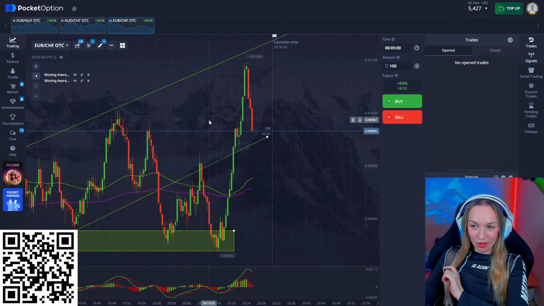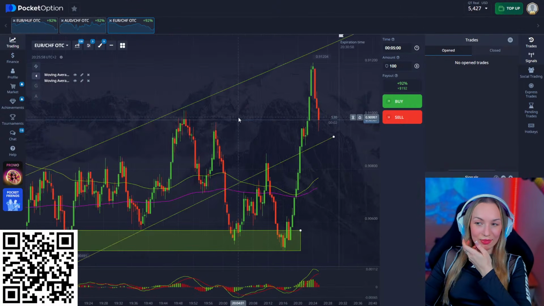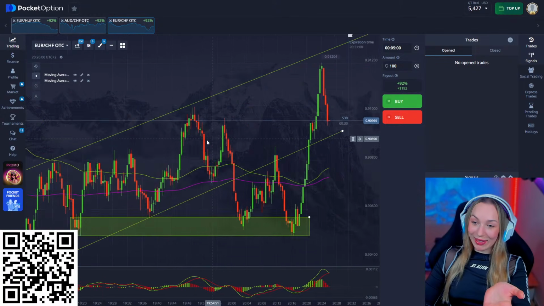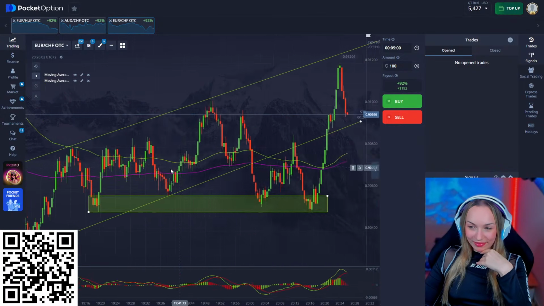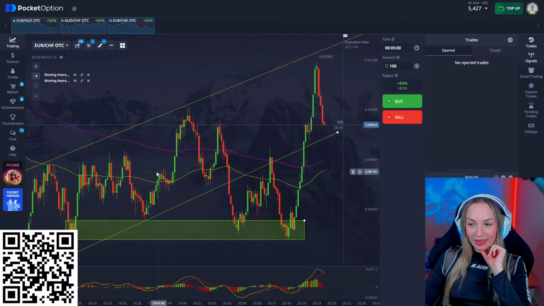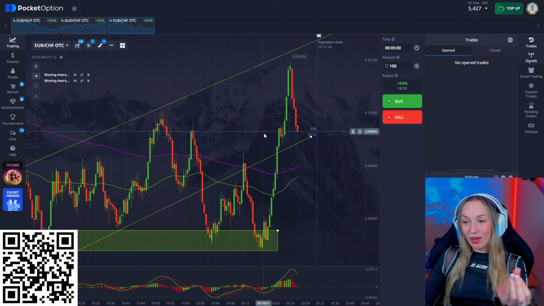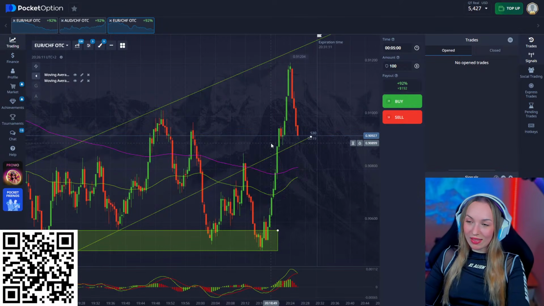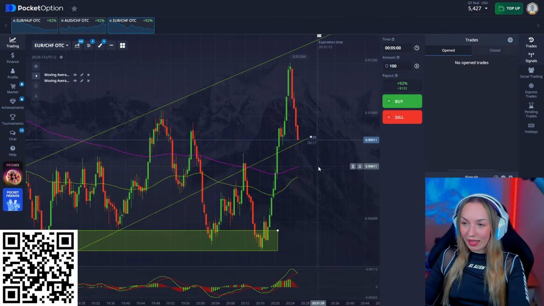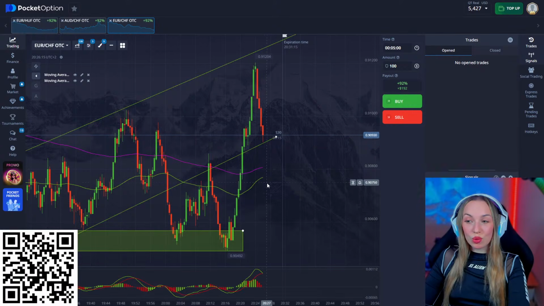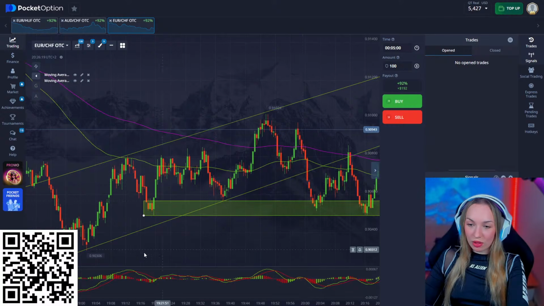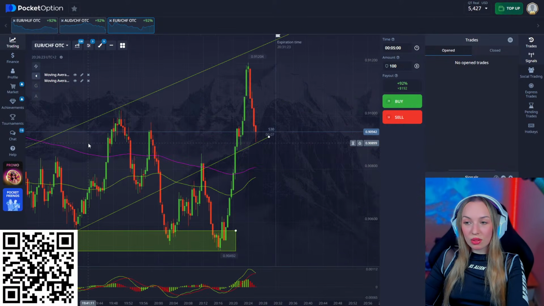So just here's a chip. Looks very stable, actually. Kind of a stable chart. It reacts on my resistance and my support lines, so I actually like it, but it goes down super quick, and because it's super close to my support, which I drew here, it can start going up.